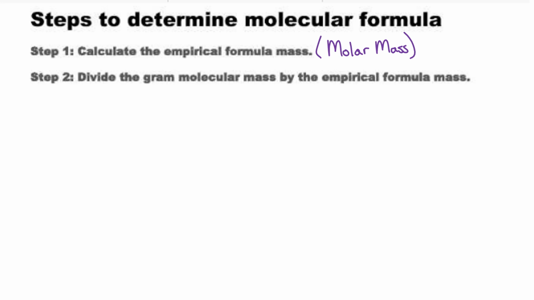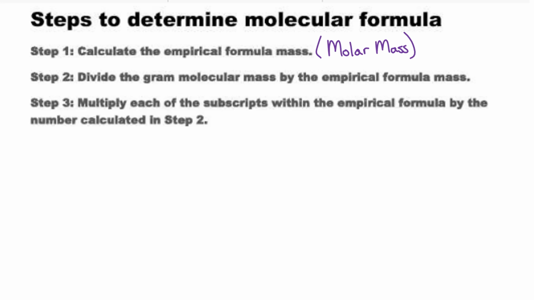That's the thing that I just gave you: our multiplier is the molecular formula mass divided by the empirical formula mass. Remember that that one is given, and this one we have to solve.